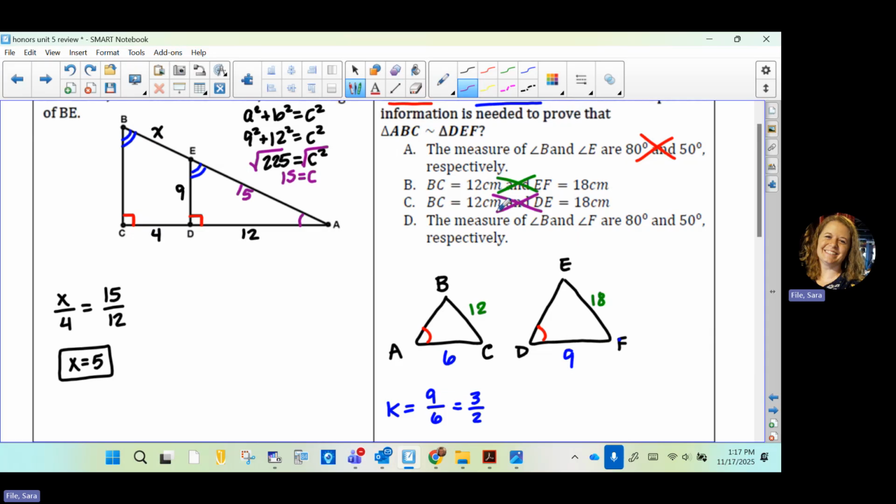And then D says, what if we said the measure of angle B and F are 80 and 50 respectively. So right now we know 50 and 50 respectively means in that order.